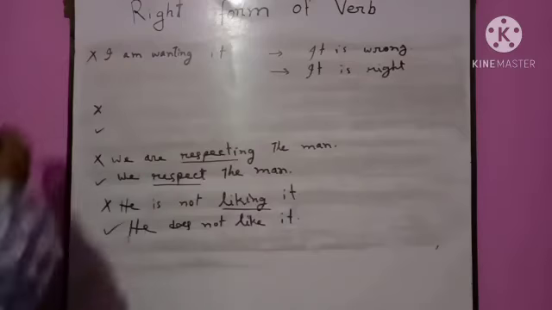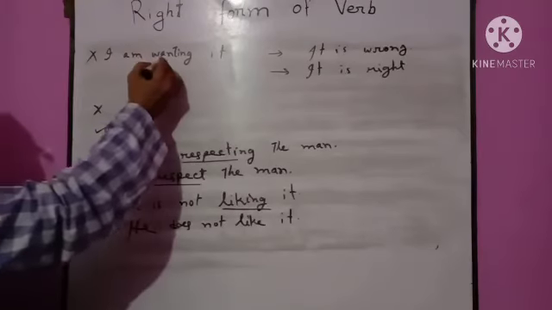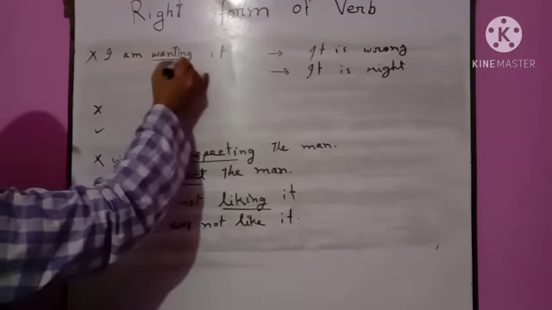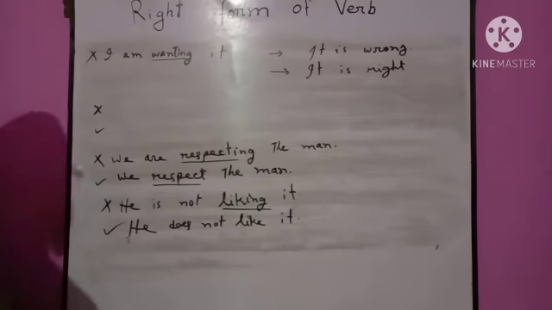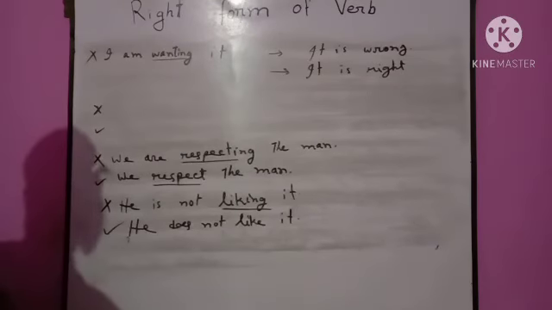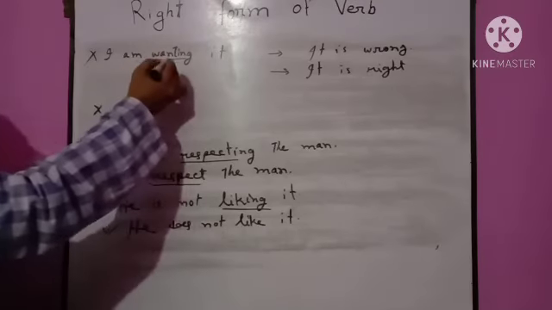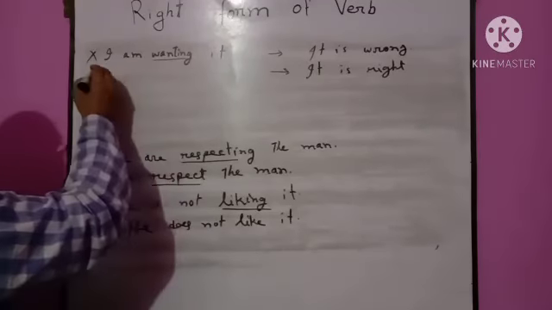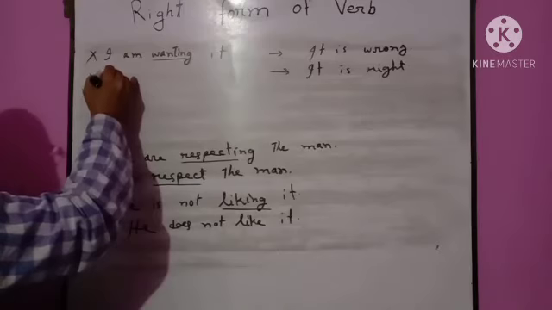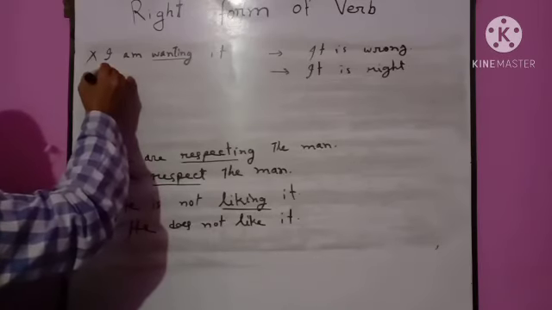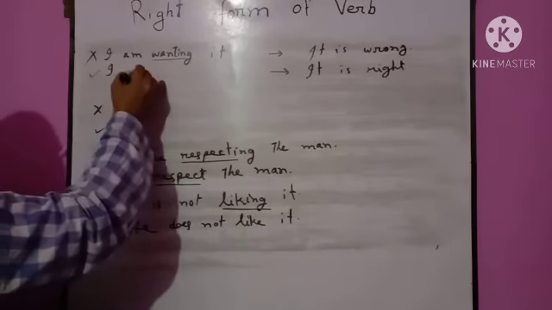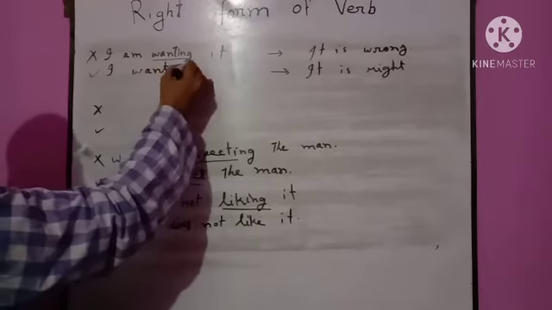It is wrong. Wanting is a verb of feeling or emotion, a verb of expressing feeling or emotion. So wanting is wrongly used. The correct form of the verb will be simple present tense: I want it.